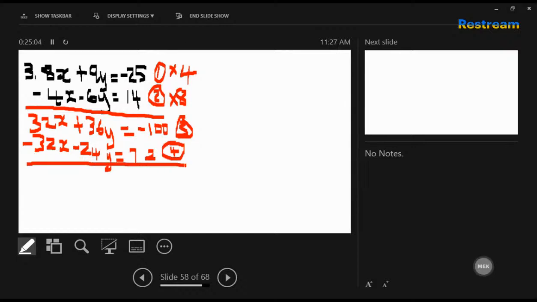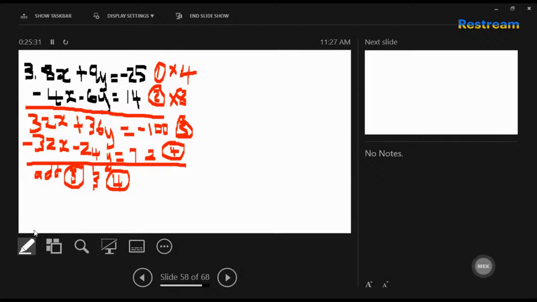Two new equations, but this time we do have the same digits, different signs, but the same digits. So the signs are different. That means we need to add the equations in order to eliminate. So adding equation 3 and equation 4.